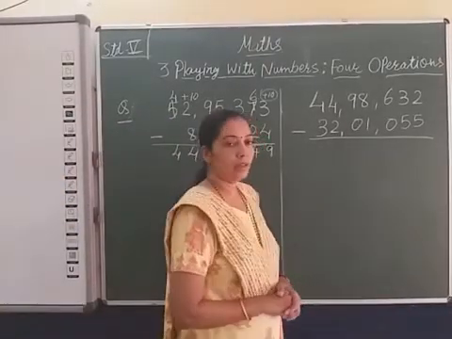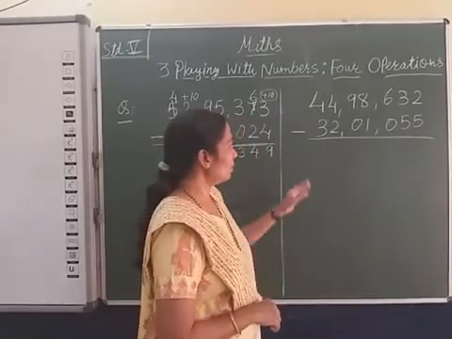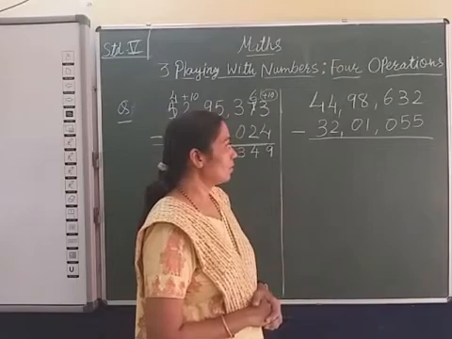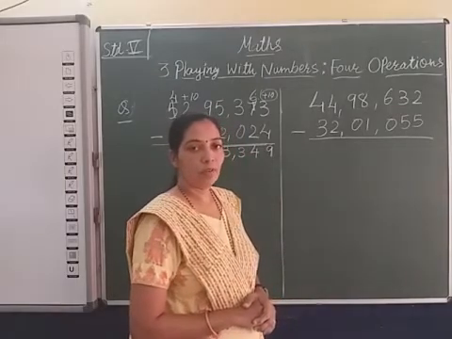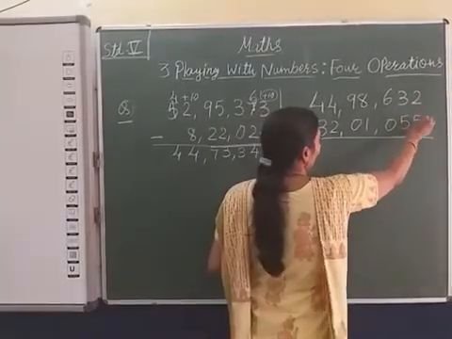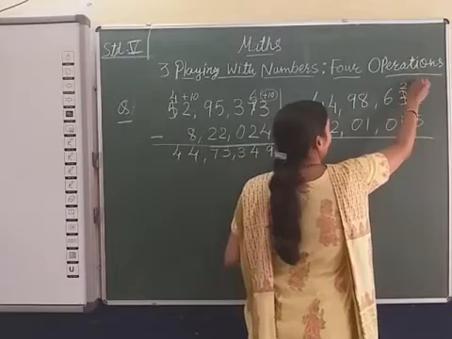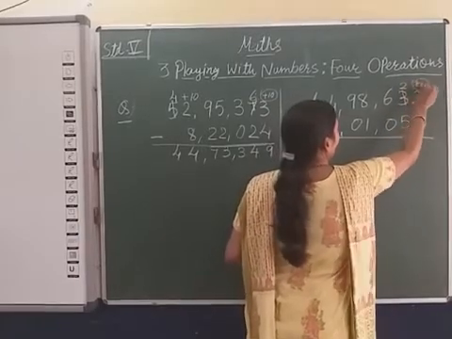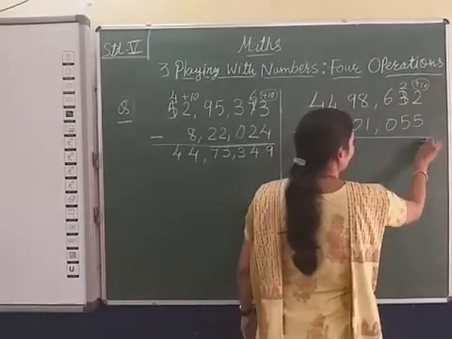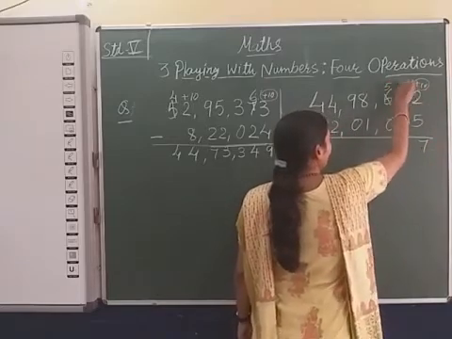44 lakhs 98,632 subtract 32 lakhs 1,055. 2 minus 5, not possible, so 12 minus 5, 7. Again not possible, we borrow again.